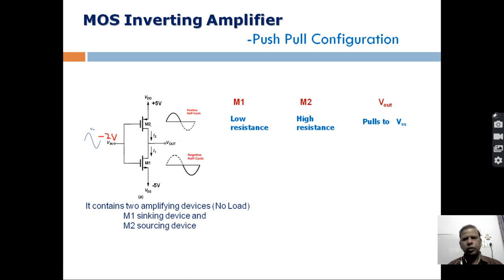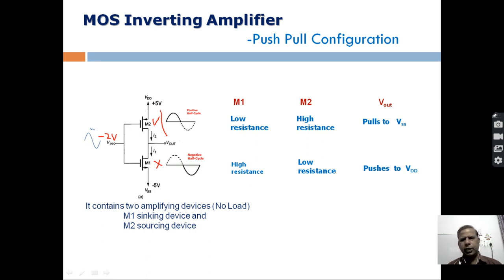So during the negative half cycle, M1 offers high resistance and M2 offers low resistance. So it means M1 will not provide that much conductive path, while M2 will provide a highly conductive path for the current. And because of this, the output is pushed towards VDD. Because of this high conductivity path, this output will be pushed toward VDD.